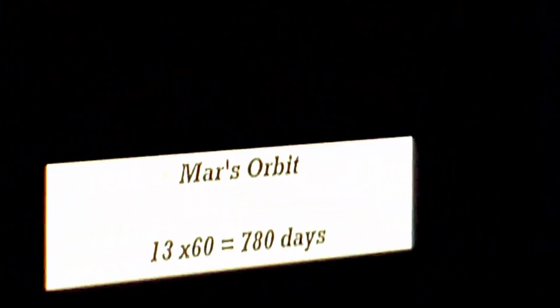Mars is interesting because 13 times 60 makes 780 days, but the sacred calendar is 260 days. If you take 260 days and times it by 3, it gives you 780 days. And it's the only planet that does that of all of the 13 objects out there.